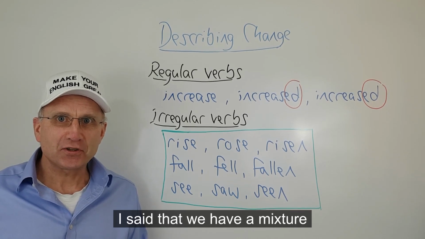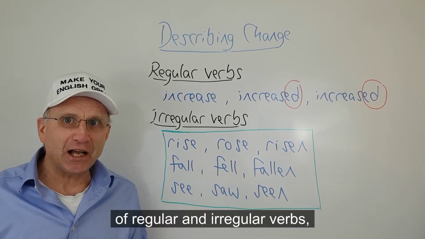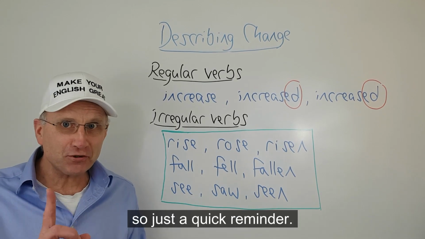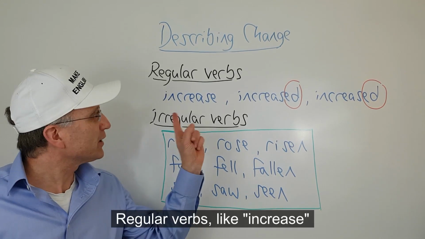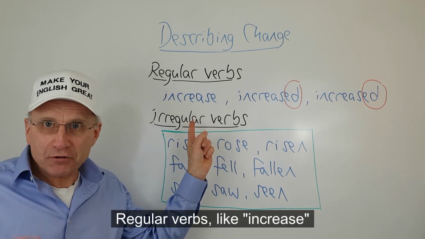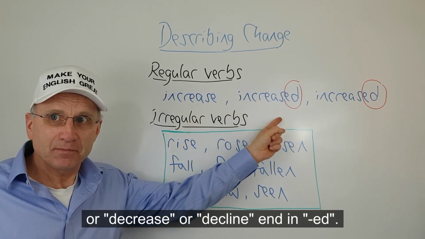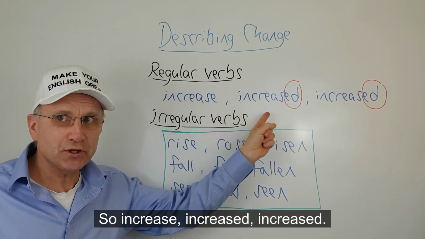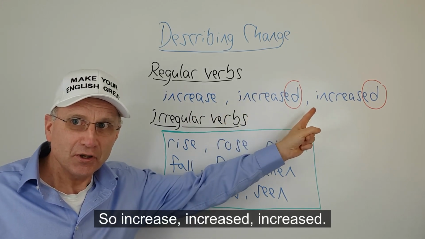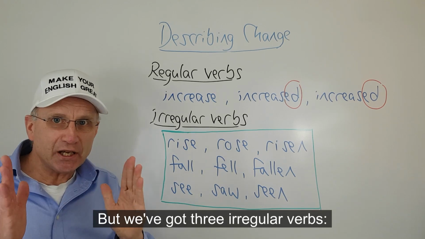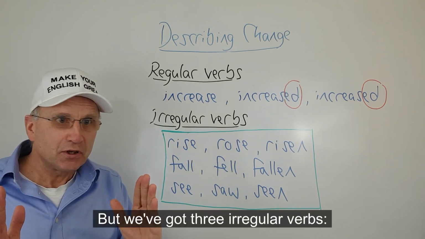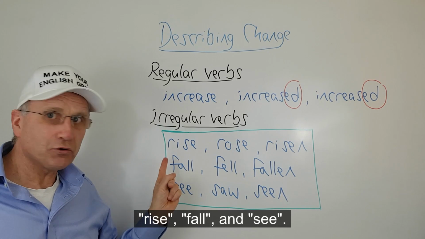I said that we have a mixture of regular and irregular verbs, so just a quick reminder. Regular verbs like increase or decrease or decline end in ed, so increase, increased, increased. But we've got three irregular verbs: rise, fall and see.